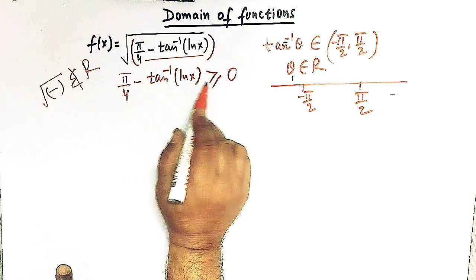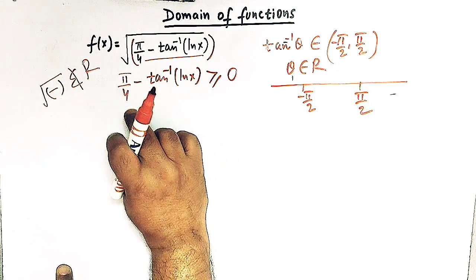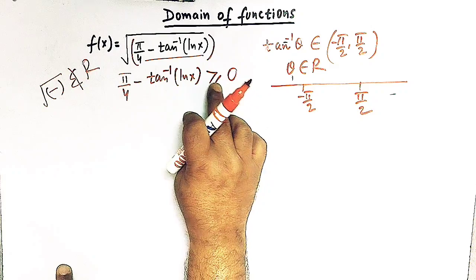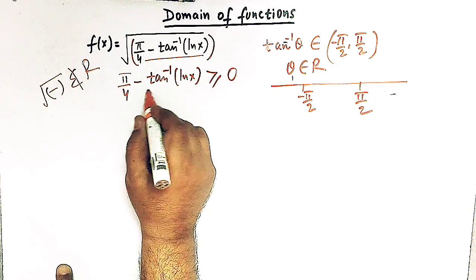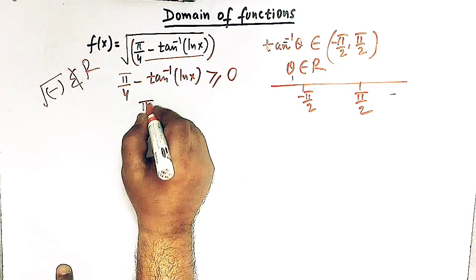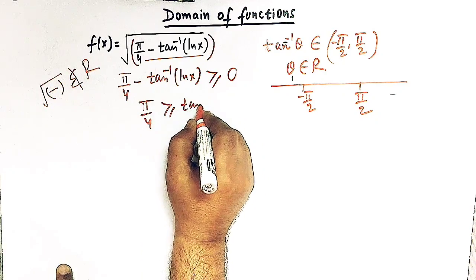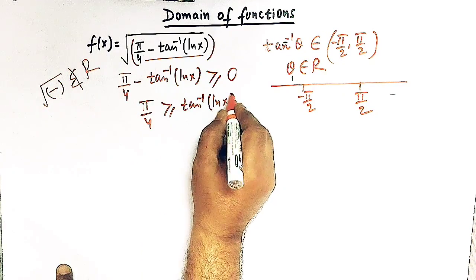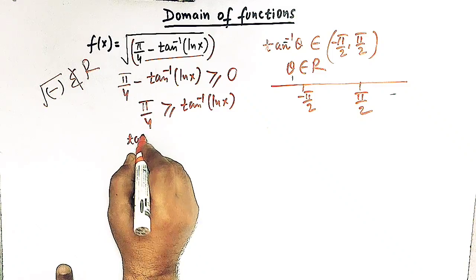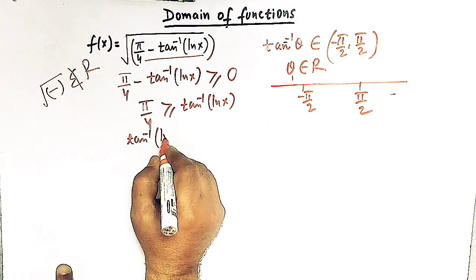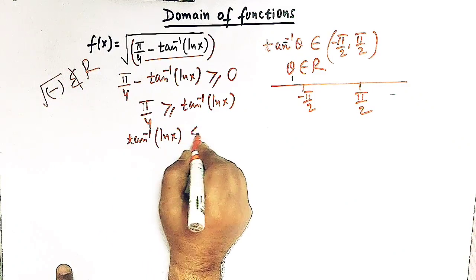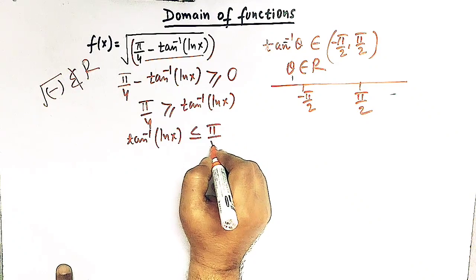Okay, so now here we have pi by 4 minus tan inverse natural log of x greater than or equal to 0. So from here we can write pi by 4 is greater than or equal to tan inverse natural log of x, which can also be written as tan inverse natural log of x is less than or equal to pi by 4.